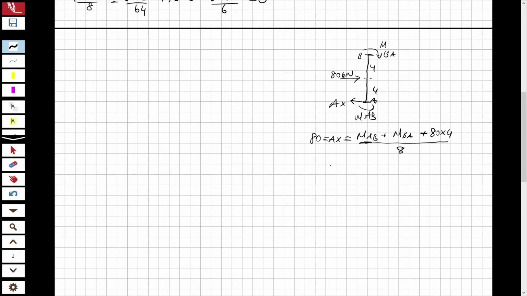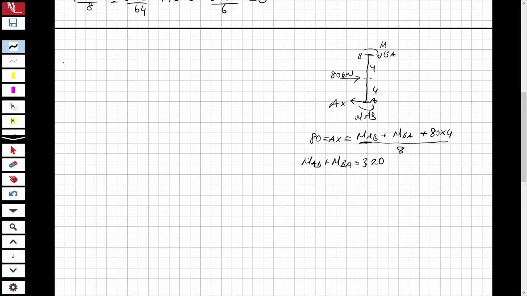From this equation, I obtain that moment AB plus moment BA equals 320, right? If it is equal to this, now let's write the moment BA and AB equations.